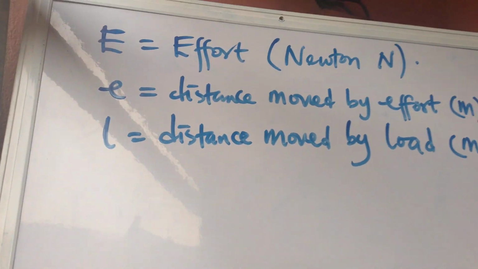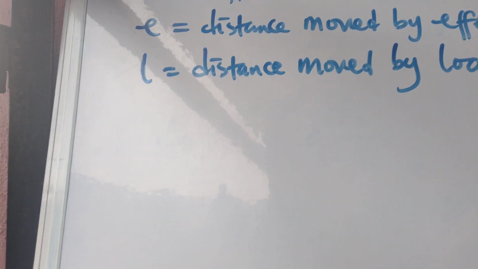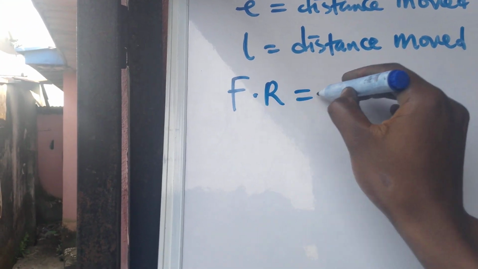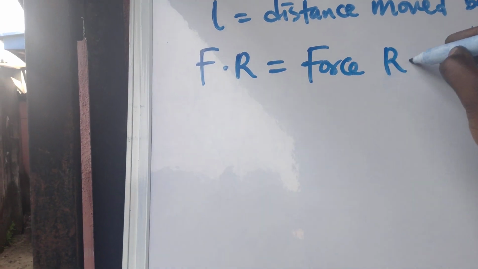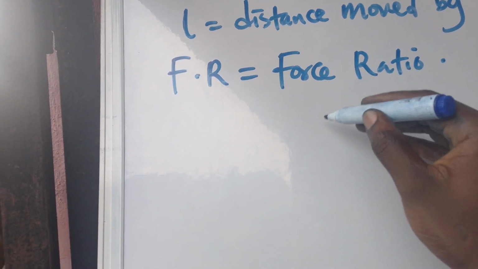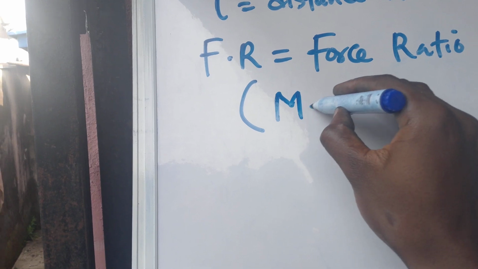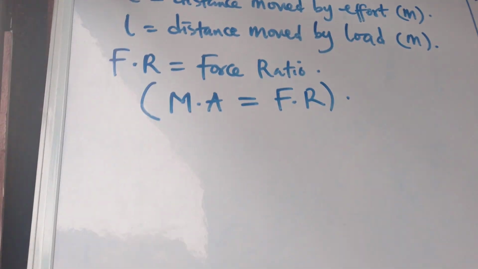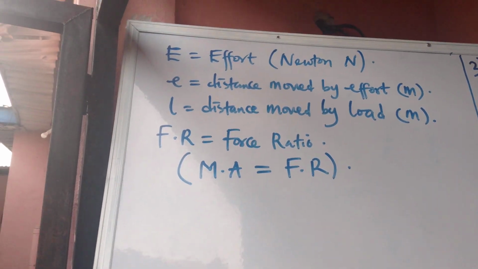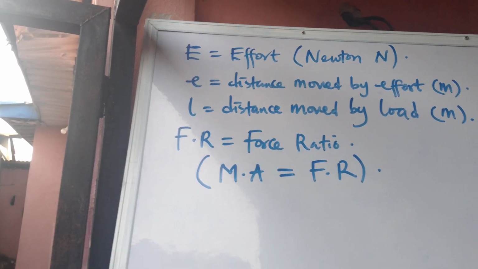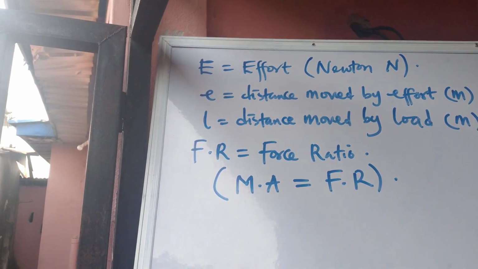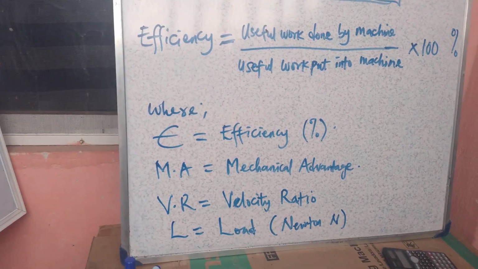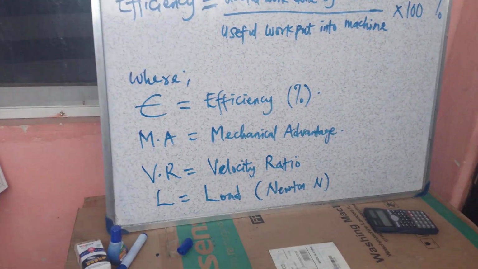And FR is force ratio. Also note that mechanical advantage is similar to force ratio. Take note of that, very important. So those are the meanings of all the parameters. I've explained the e, small l, and the FR. I've also explained that of efficiency, MA, VR, and capital L.